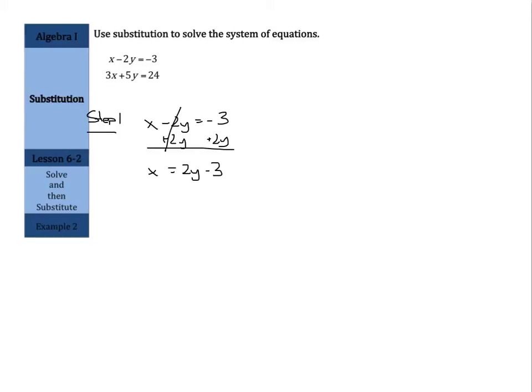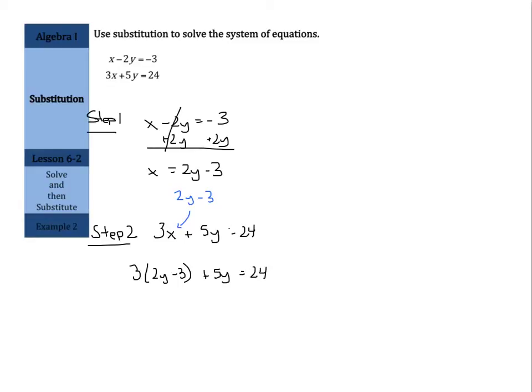Because now I can go into step 2, which is to take the other equation, 3x plus 5y equals 24. What I can do is take this 2y minus 3 that I'm calling x and put it in for x. So then I have 3 times the quantity 2y minus 3 plus 5y equals 24.